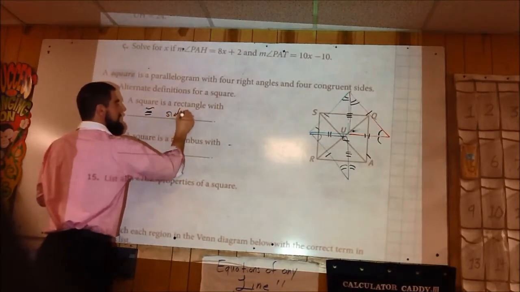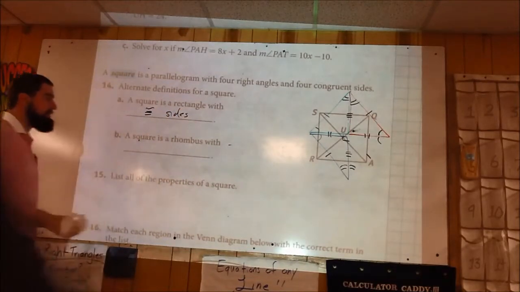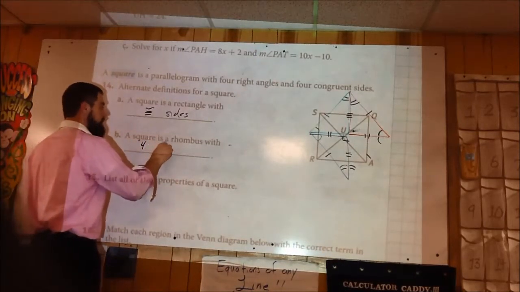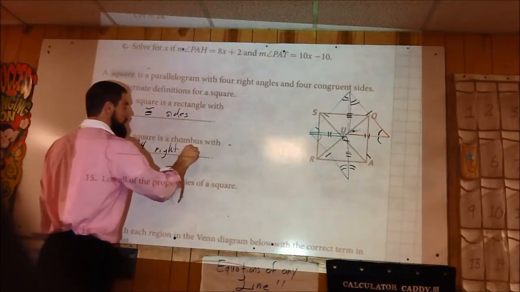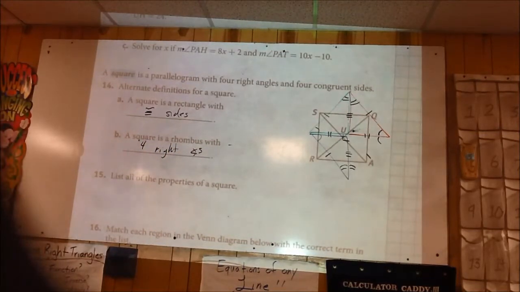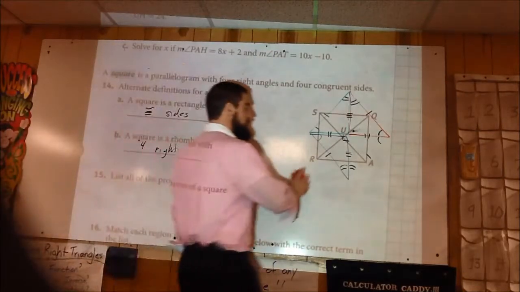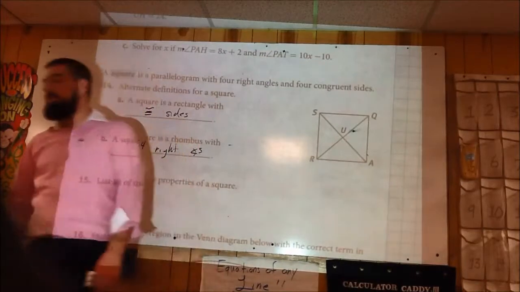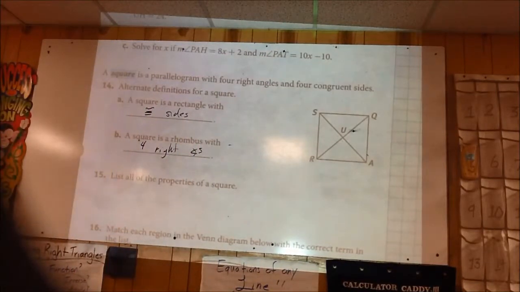And then a square is a rhombus with congruent angles, or you can write 4 right angles. So a square has all the properties of a parallelogram, all the properties of a rectangle, all the properties of a rhombus. Got them all. And then it's a square. Oh, I see.